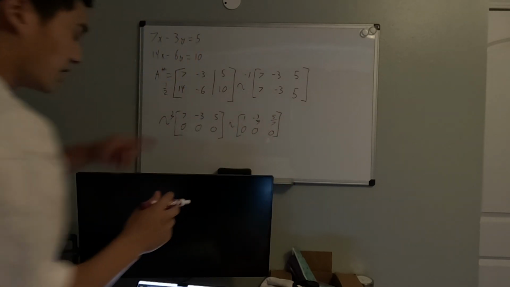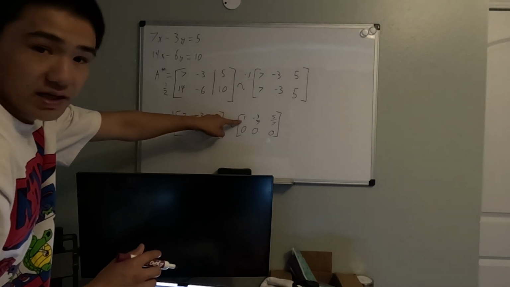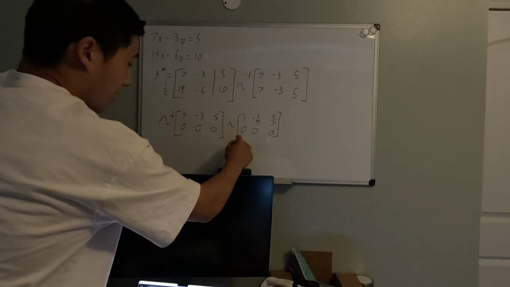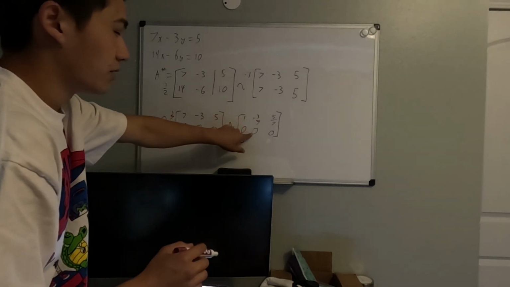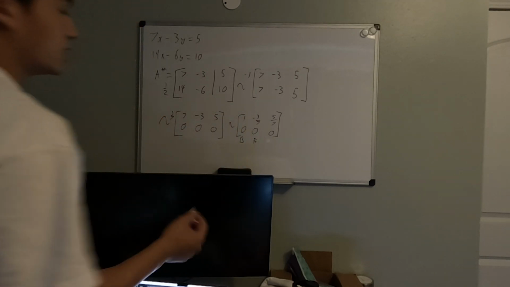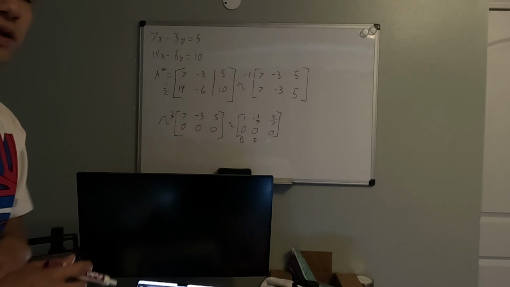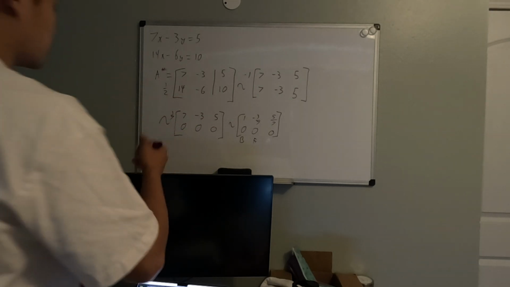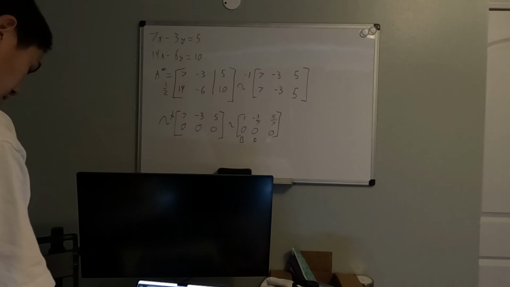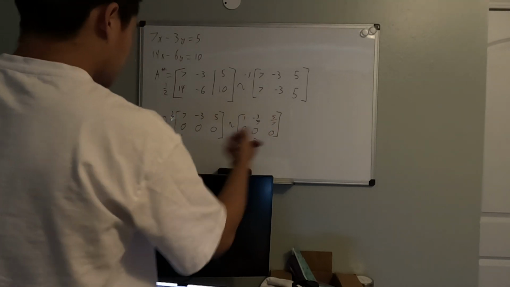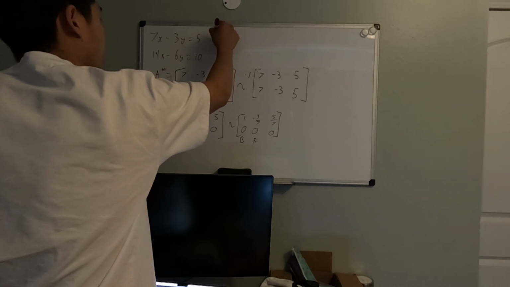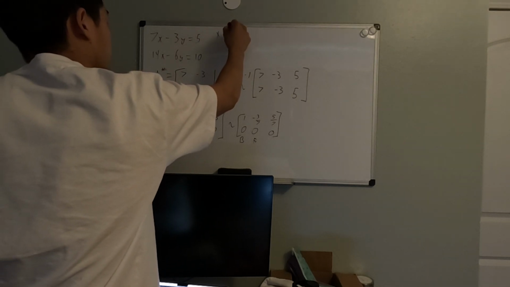So here in this column, you have a leading 1, right? So this is a bound column. This has no leading 1 right here, so this is free. Since that's free, what does that mean? That means if we're going to solve for what this system is, you're going to say x minus 3/7.